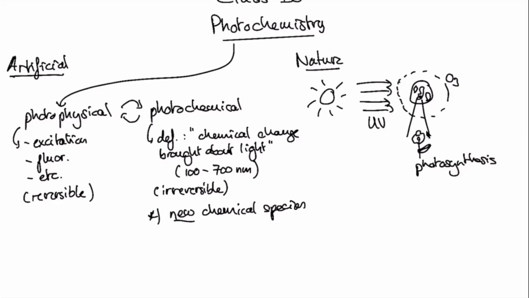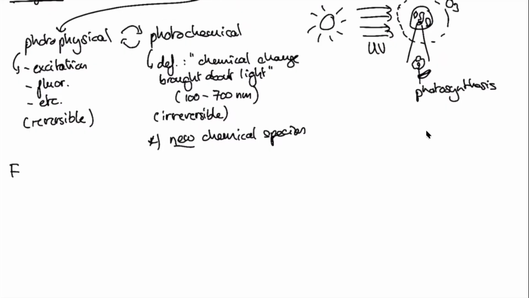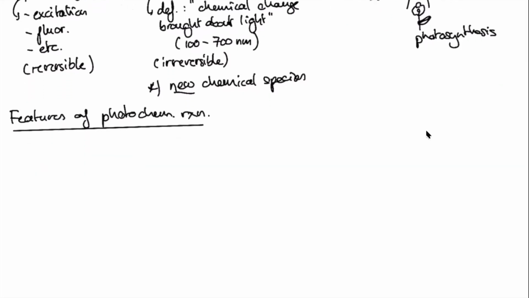Okay, so what are some features of photochemical reactions? Well, first, of course, the most important event is we need the absorption of a photon.